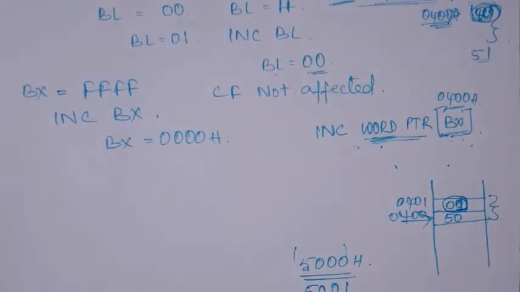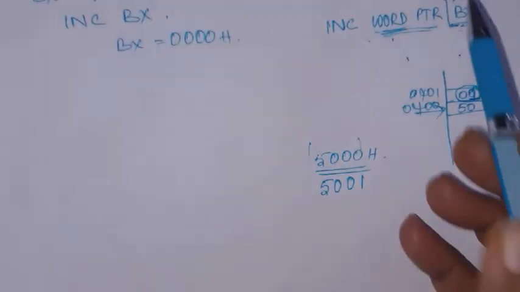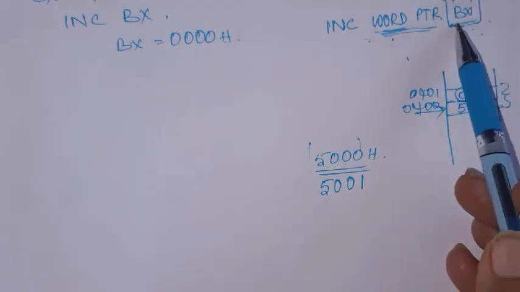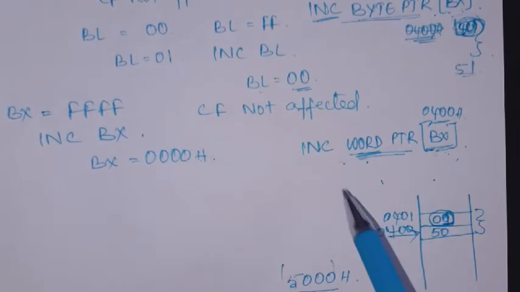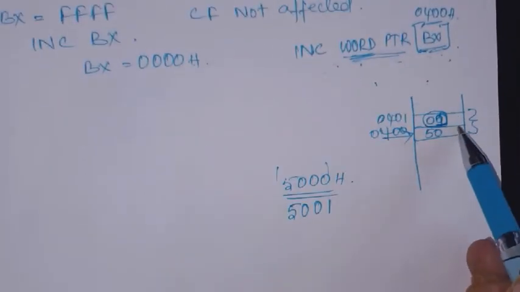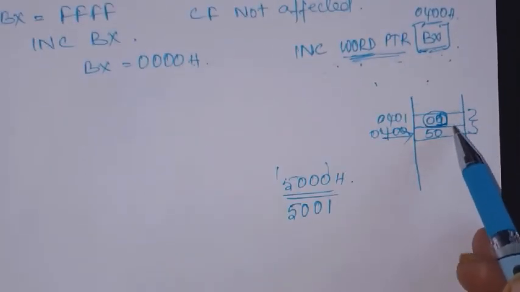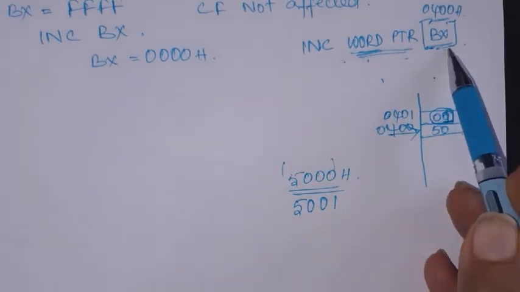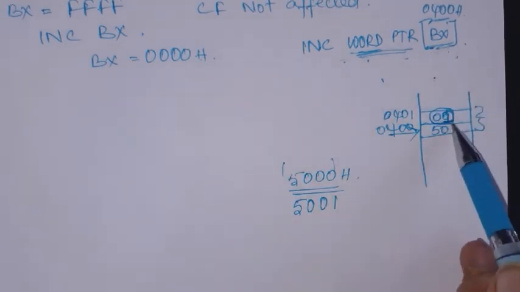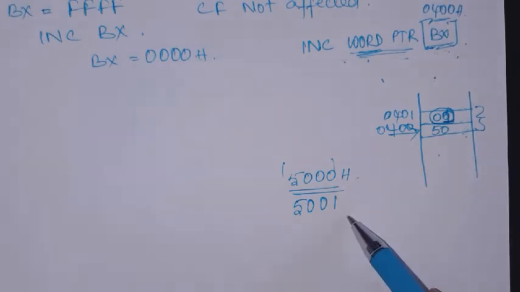If it is a byte, only one location's contents are incremented by 1. If it is a word pointer, then it takes the word from 2 consecutive locations pointed to by the register specified in the instruction, and it is incremented by 1. So this is how it works.